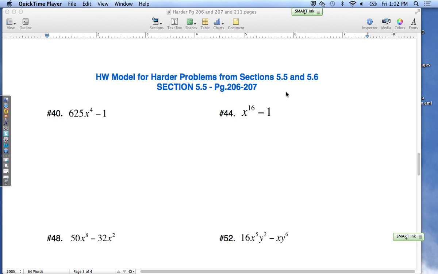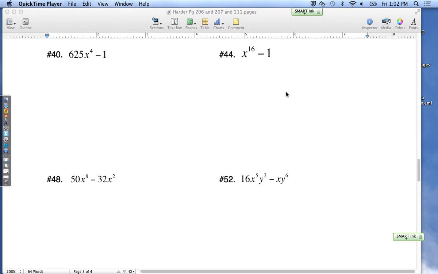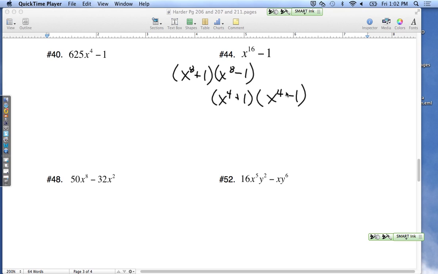Okay, let's look at number 44. So number 44 can be broken down as x to the 8th plus 1 times x to the 8th minus 1. X to the 8th minus 1 can then be broken down as x to the 4th plus 1 times x to the 4th minus 1.